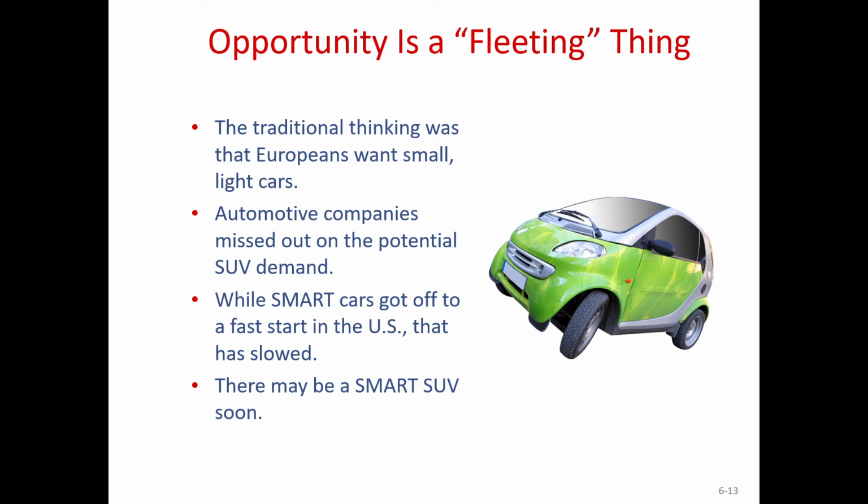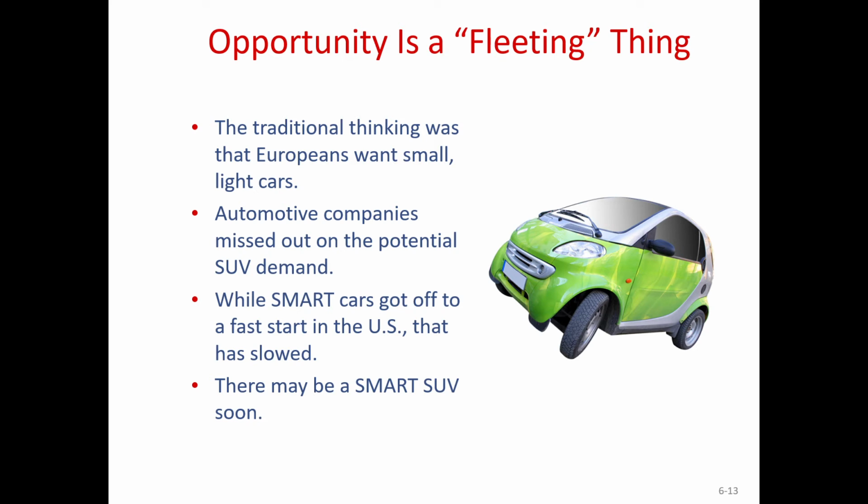But looking at this from the opposite direction, the tiny, by US standards, two-seater Smart car has been introduced to the US. Smart got off to a fast start in the US, selling about 25,000 in 2008, and then sales fell. But Smart may now be poised to take advantage of an opportunity created by expensive gas prices.